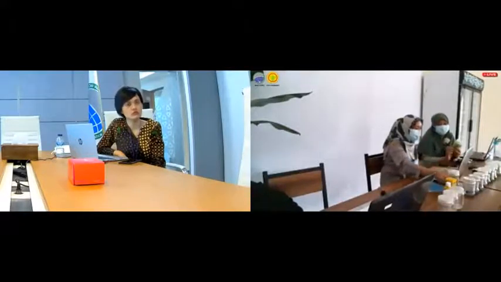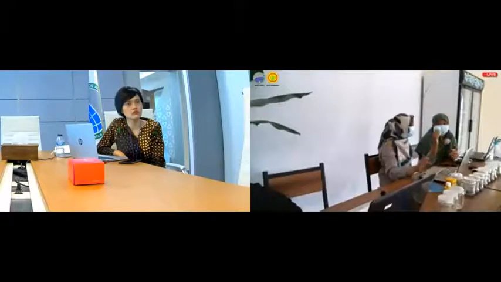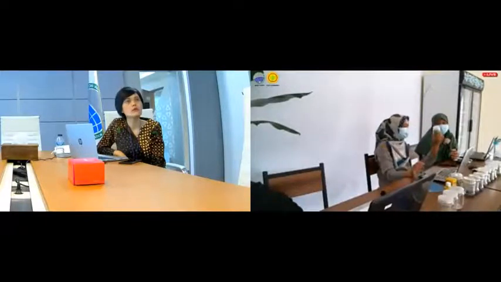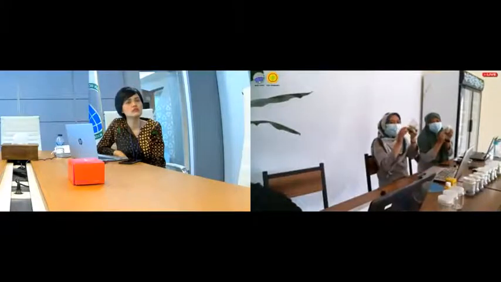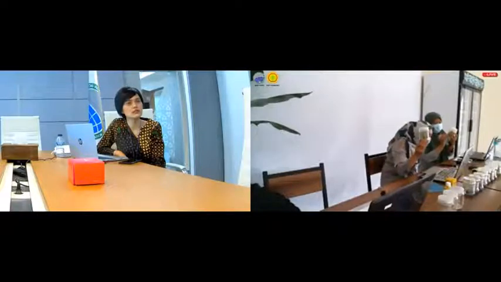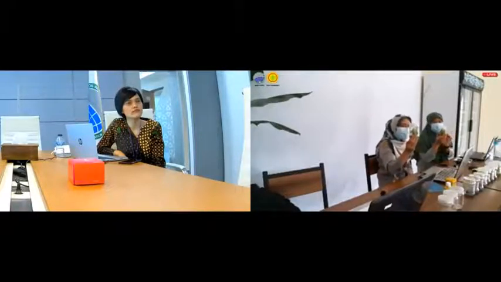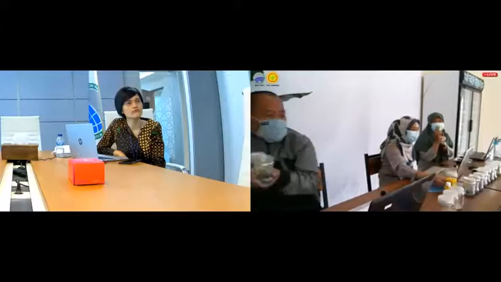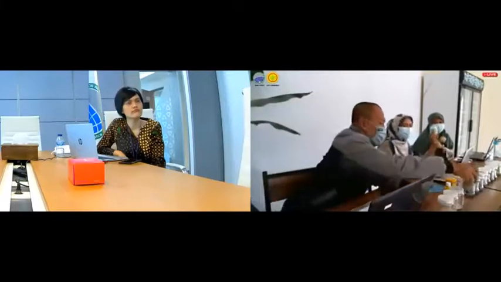And if it's too dense, you need to subculture it again. We also have to consider the media. If we run out of media and the plantlets don't have any media to consume, we need to subculture them into another bottle.